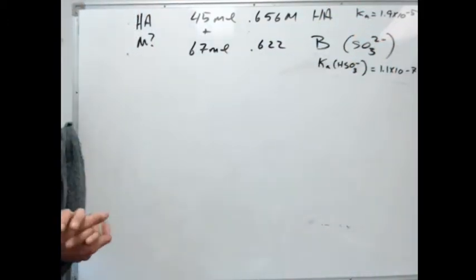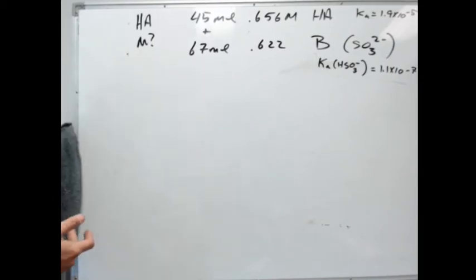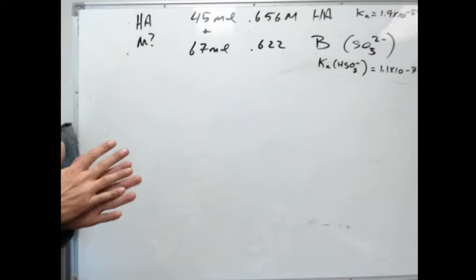What kind of problem are we going to do where we've got 2 Kas and we're asking for a molarity of acid at equilibrium? Is this going to be a simple equilibrium problem? Stoichiometry. It's going to be stoichiometry and then equilibrium, essentially, right?